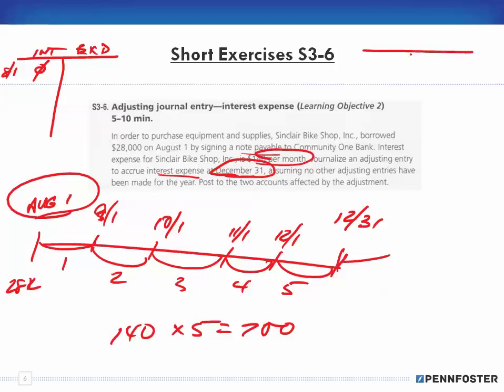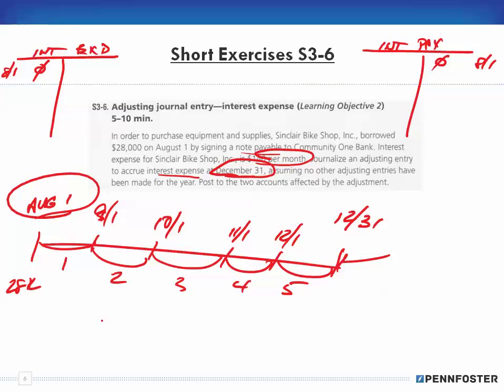We're accruing it over time, so that means we're going to owe it. So this is going to be interest payable, and as of August 1st, the balance in our interest payable account is also zero. Now we've calculated that we have $700 worth of interest that has been accrued over that course of time.